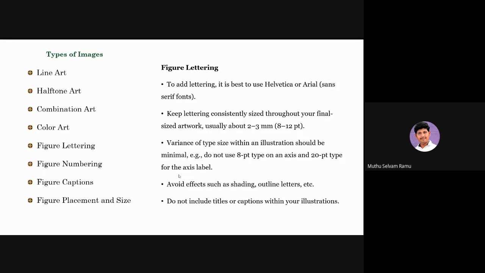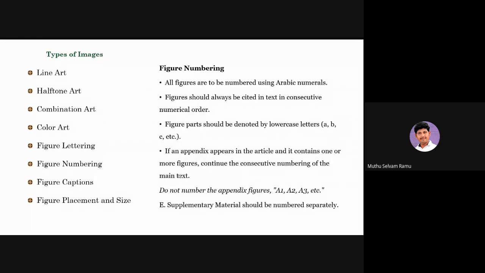So it should be clear that the DPI must be 300 or more. Coming to combination art, as I said, it is a combination of halftone and line art. It should be 600 DPI. As the DPI increases, the quality of your picture increases.